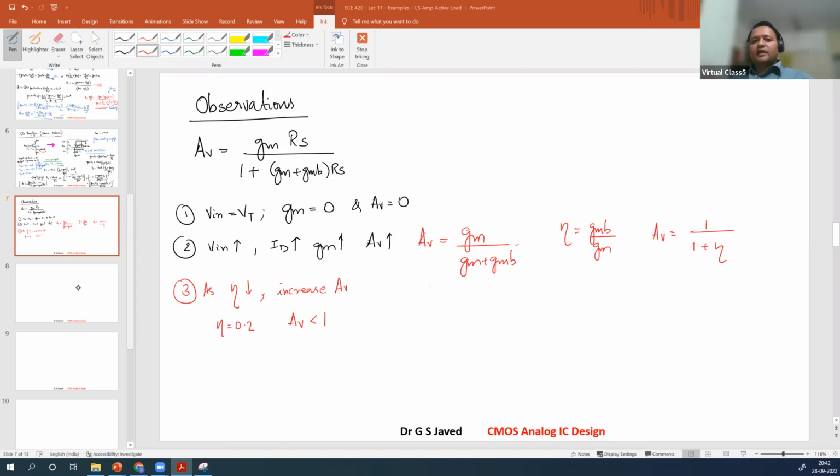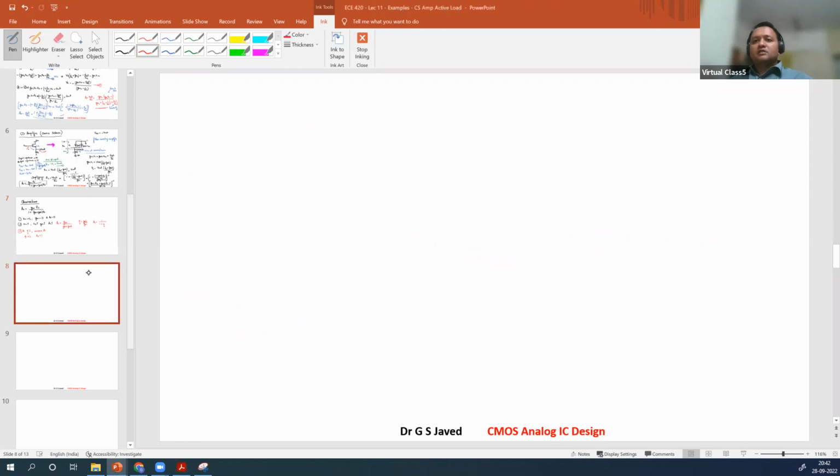Now, next we will try and find out what happens if small signal output impedance comes into the picture. But we have found out the impact of channel length modulation. What happens when channel length modulation is present in the circuit?